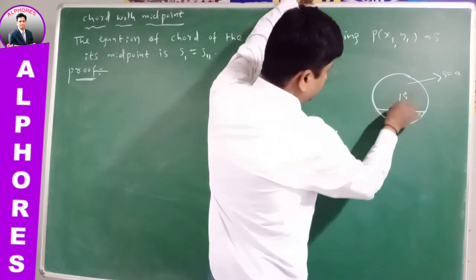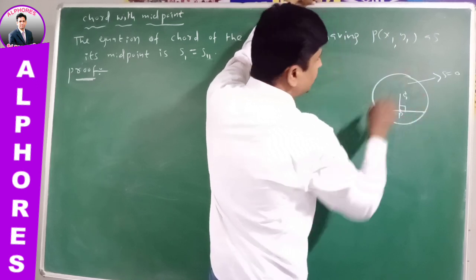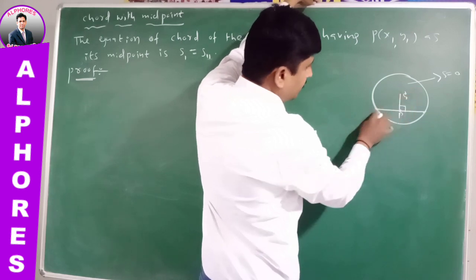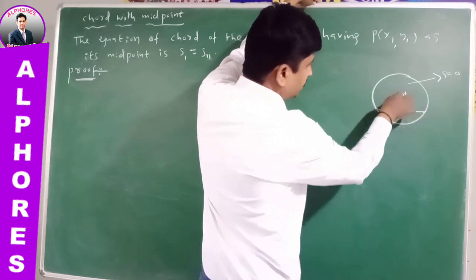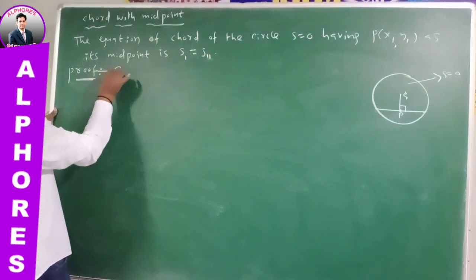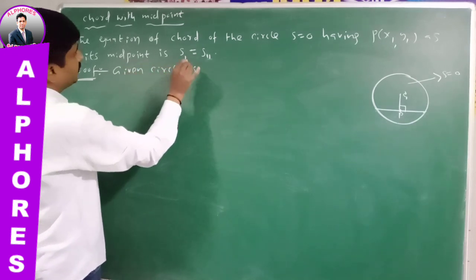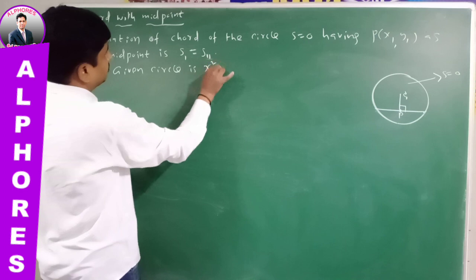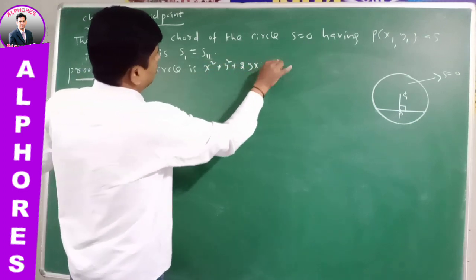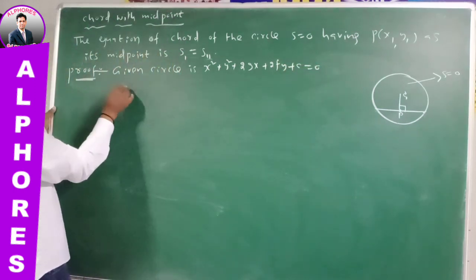Actually, here CP is the perpendicular bisector of the chord of the circle S equal to 0. Now this chord is perpendicular to the line joining C and P. Okay, now the given circle is x square plus y square plus 2gx plus 2fy plus c equal to 0.